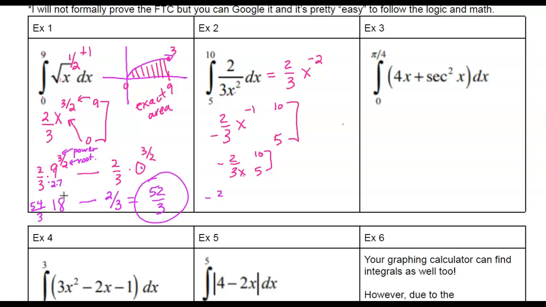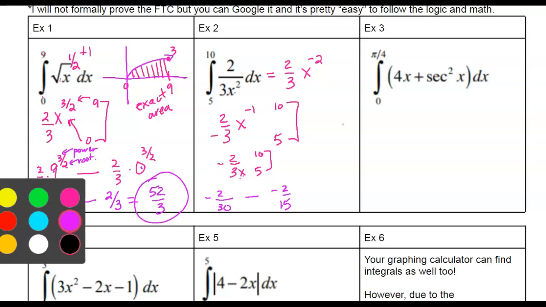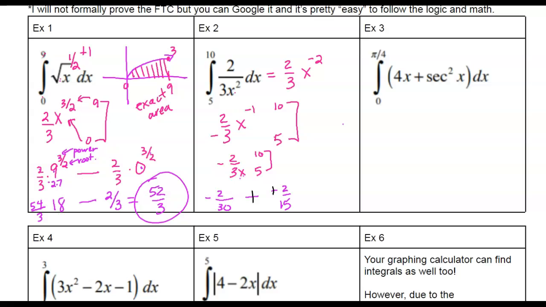So -2/30 minus, remember, we always subtract, -2/15. So we get 2 negatives, make a positive. This is really 4/30. So -2 plus 4 is 2/30, which is 1/15.